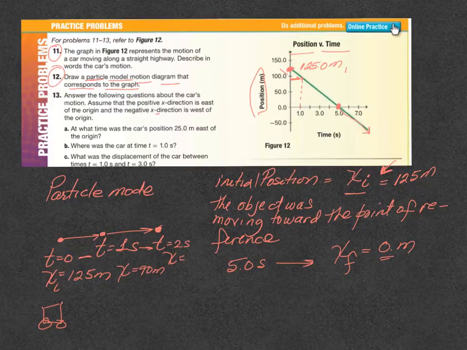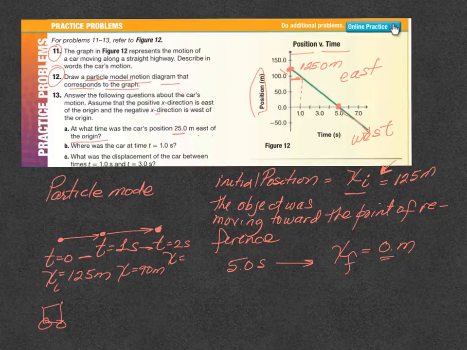See, now they're giving you more information. According to the information that I have over here, we are going to assume that the positive part of the position is east, and that the negative x direction is west. At what time was the car positioned 20 meters east of the origin?